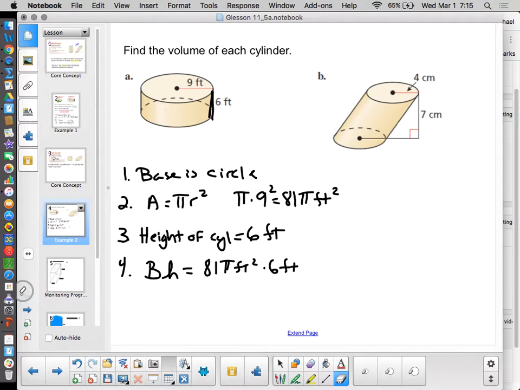Whoops, that's my units, that's my context. 81 times 6, 6 times 8 is 48, 486, that's going to be pi feet cubed. Don't forget the pi. If it's a circle, you get pi. It's really easy to forget the pi.